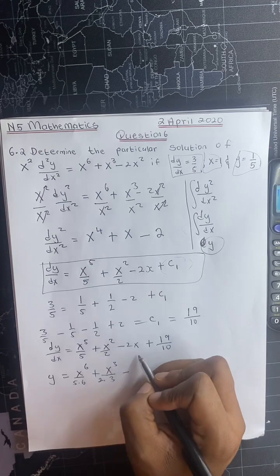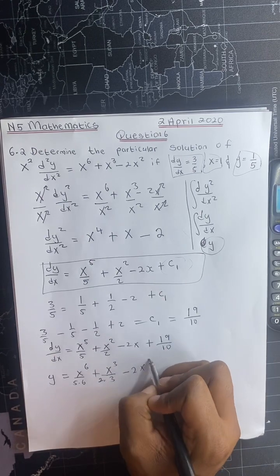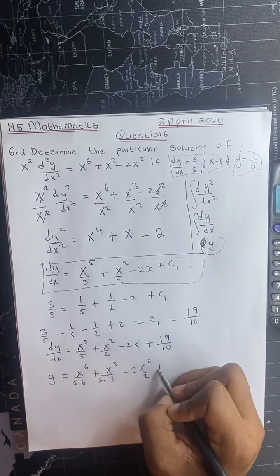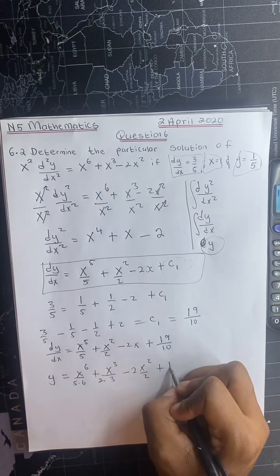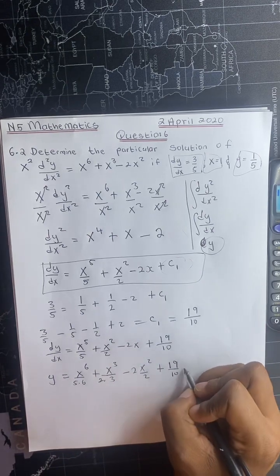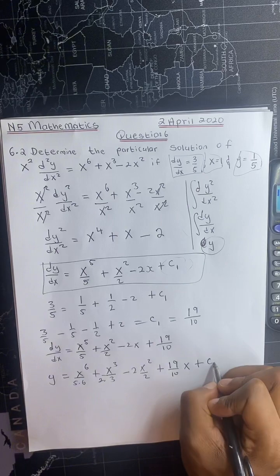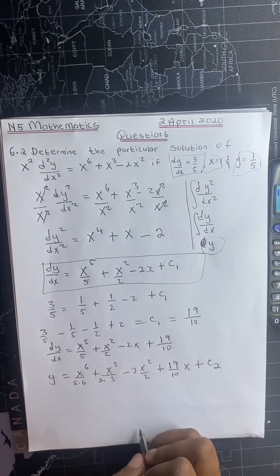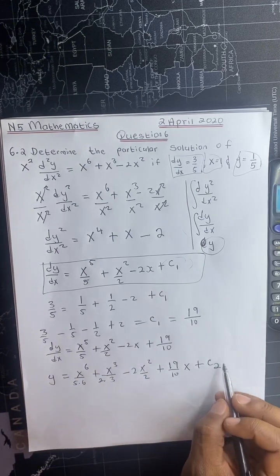The integral of x will be equal to x squared over 2, plus the integral of 19 over 10 is 19 over 10x, plus our second constant c2 because we are integrating. So now we have to determine the value.